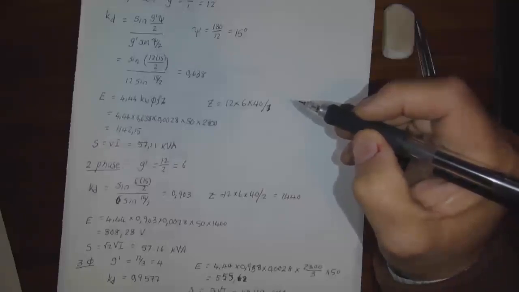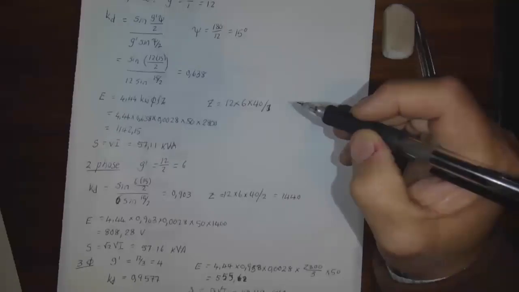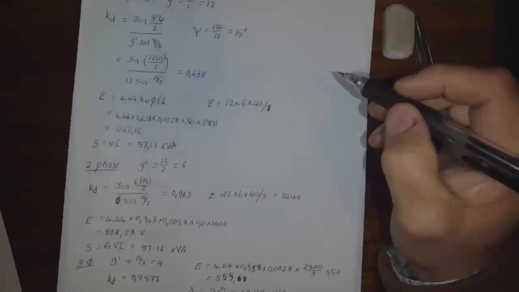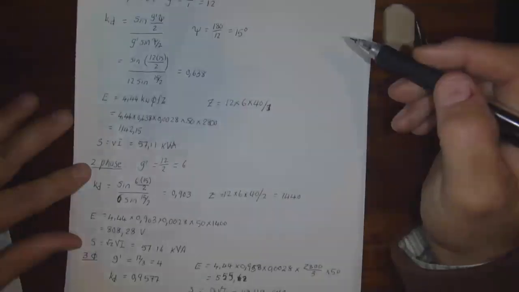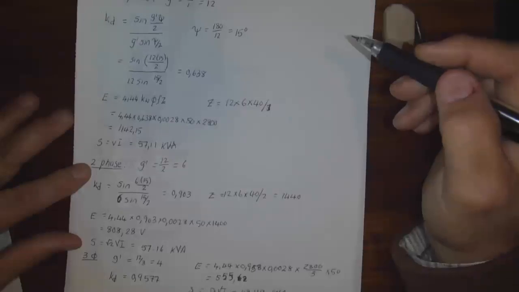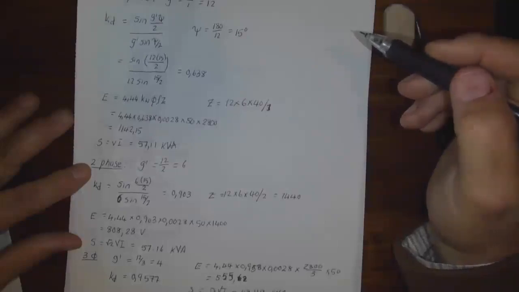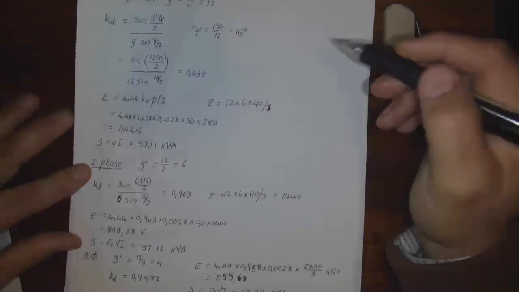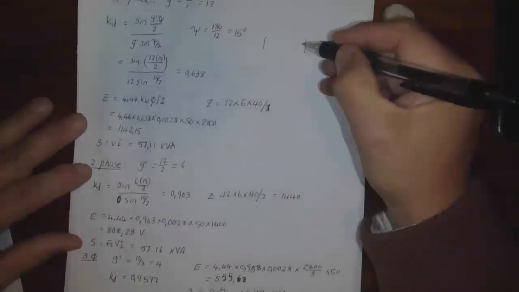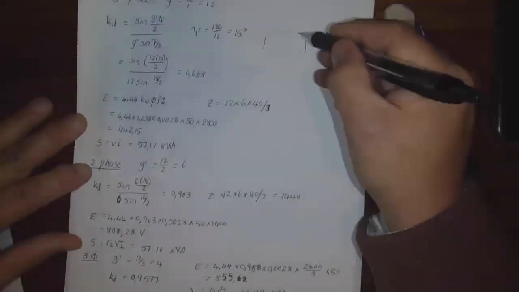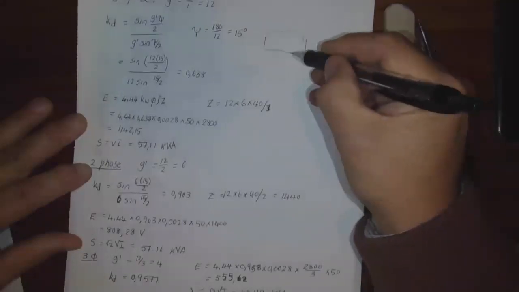Sir, what is that 6 there? Pardon? Because here the 6 is 6 poles, but you're saying 6 conductors. There's 40 conductors. If you have 2 conductors, then 1 turn is 2 conductors.